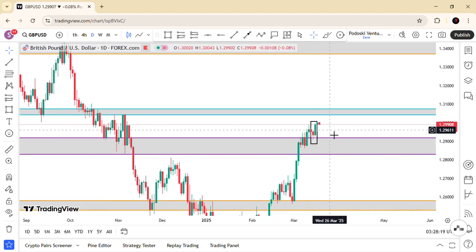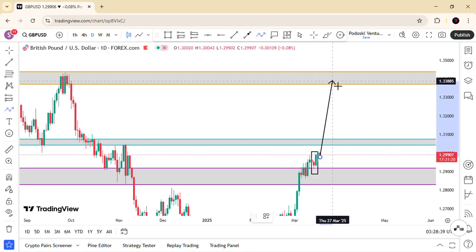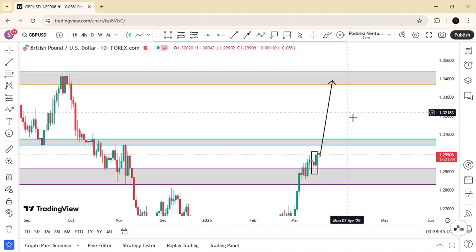There's a bullish engulfing formation over here, which only tells us that there's a very strong buying opportunity at the monthly zone. So price should be ready to move all the way to the weekly supply zone.